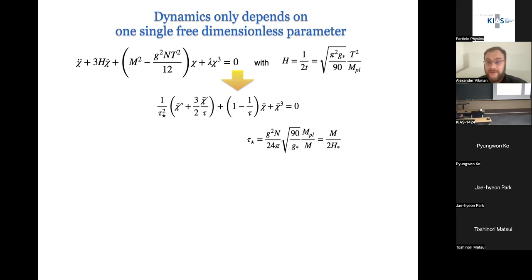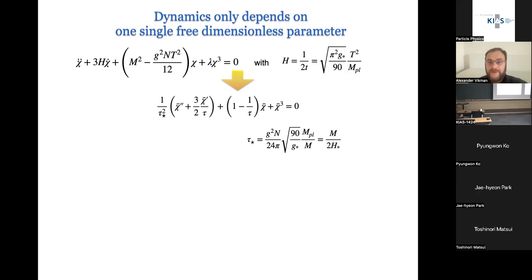The physical meaning of this parameter tau star turns out to be exactly the ratio of the bare mass to the Hubble parameter at the moment of time when the effective mass goes to zero, or, if you want, roughly speaking, of the inverse phase transition time.